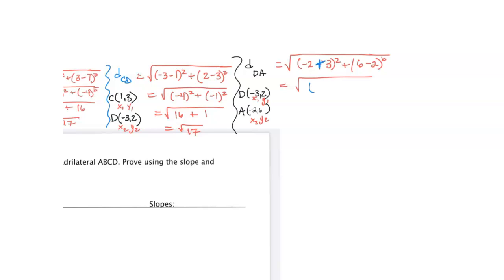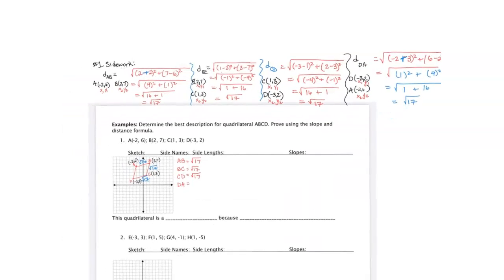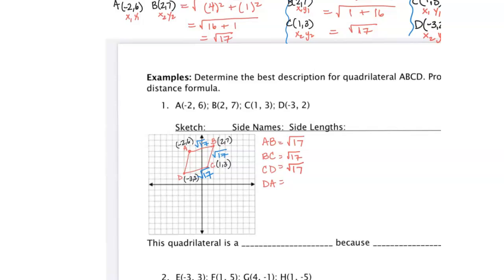And that answer will give us 1 squared. And then 6 minus 2 is 4. So we have plus 4 squared. 1 squared is 1, plus 4 squared is 16. And once again, we have the square root of 17. So the distance between D and A is also the square root of 17. So this side is the square root of 17.